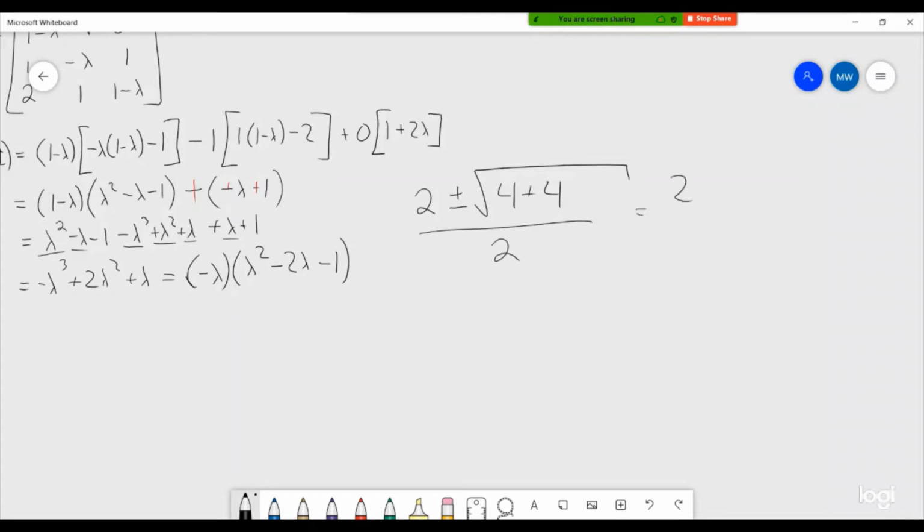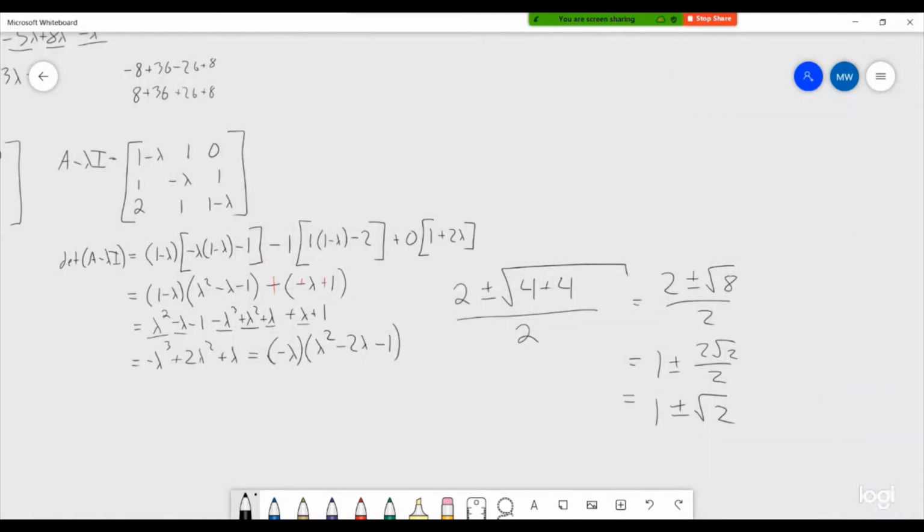So this is 2 plus or minus the square root of 8 over 2, 1 plus or minus 2 root 2 over 2. So this is going to be 1 plus or minus root 2. So those are going to be our different eigenvalues. So we have lambda 1 equals 0, lambda 2 equals 1 plus the square root of 2, and lambda 3 equals 1 minus the square root of 2.